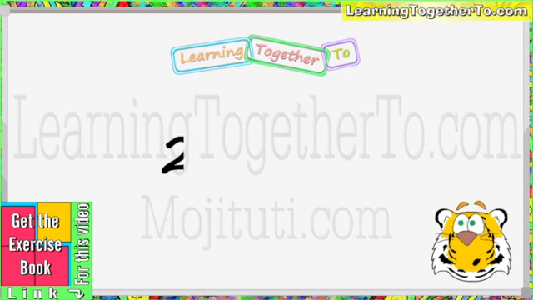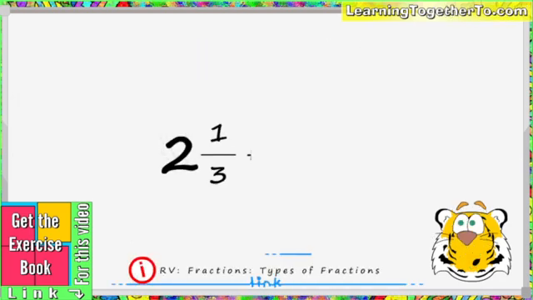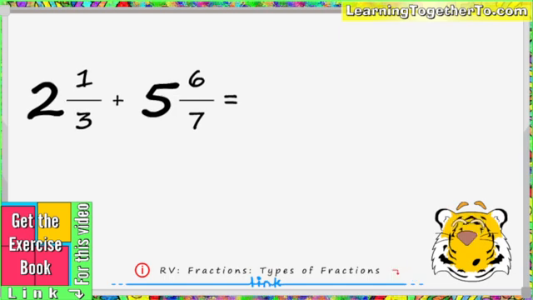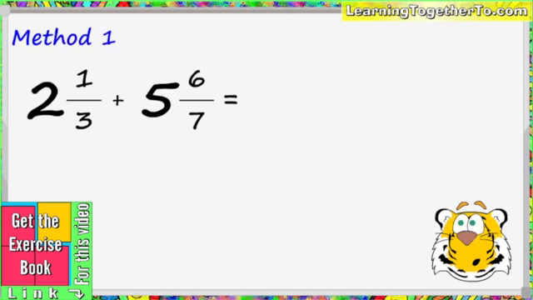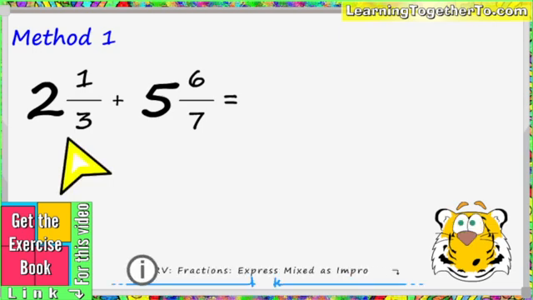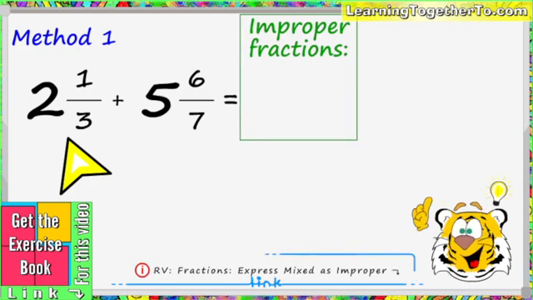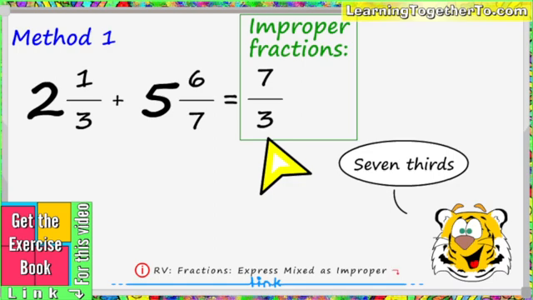Tim, 2 1/3 plus 5 6/7 is equal to what? Let's move the statement to the side and use method 1 first to solve this problem. 2 1/3 expressed as an improper fraction is equal to 7/3.